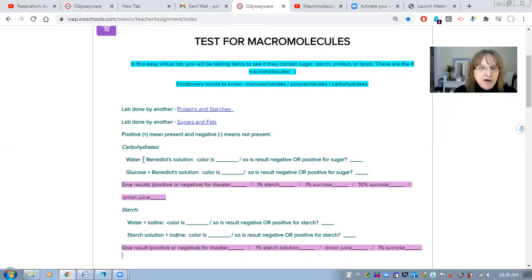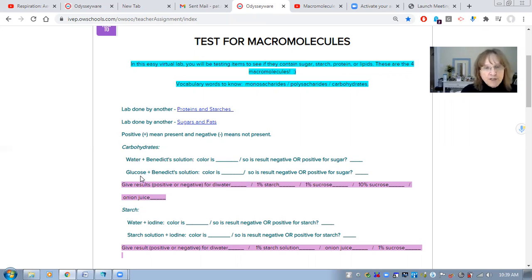So we know that water doesn't have any sugar in it. So when we add our Benedict solution to that, that'll be our control, or our negative. Whatever color it turns will be the negative response, because we know there's no sugar in water. So whatever that color is, we'll put the color here, and we're going to say that will be negative for sugar.